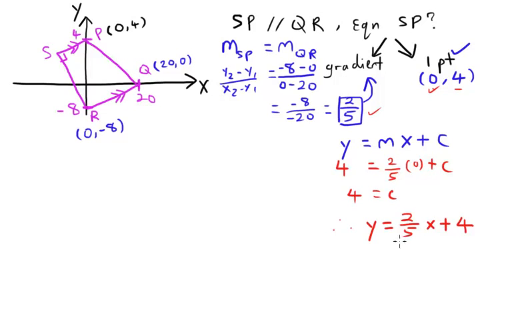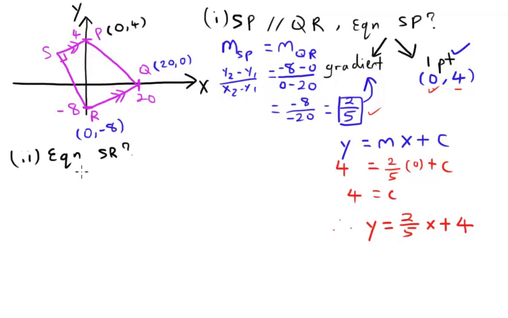Now, next one. They asked to find the equation, right? This is the first one. The second part, they say find the equation for, let's say, SR. What will be the equation of SR?